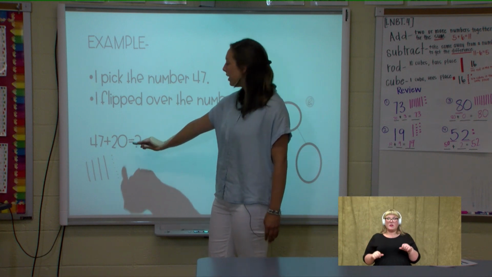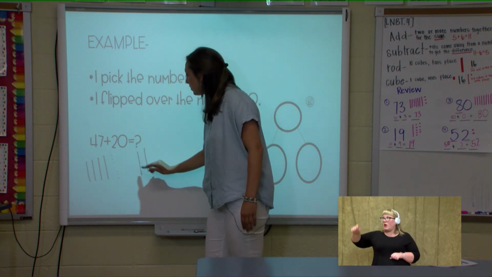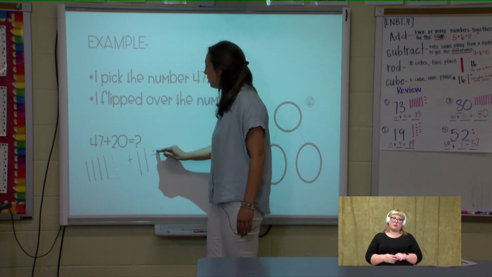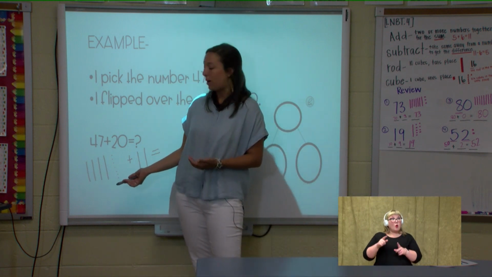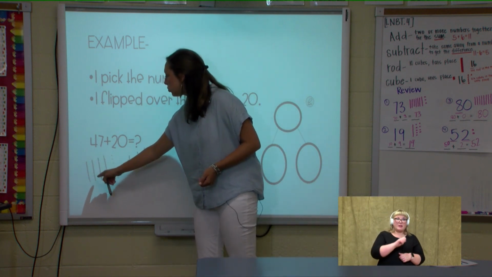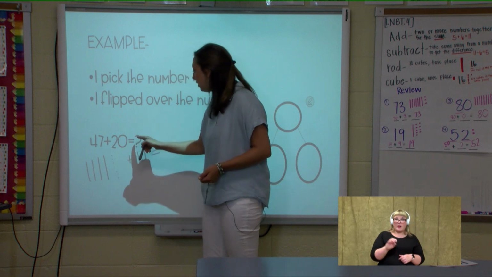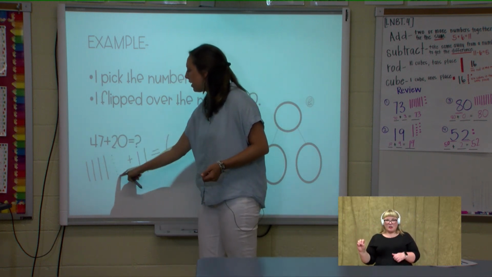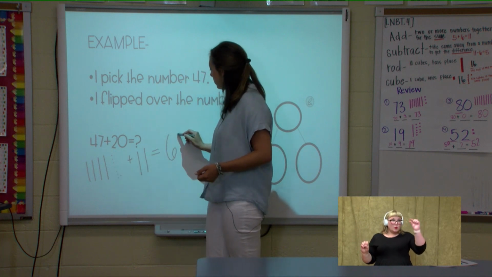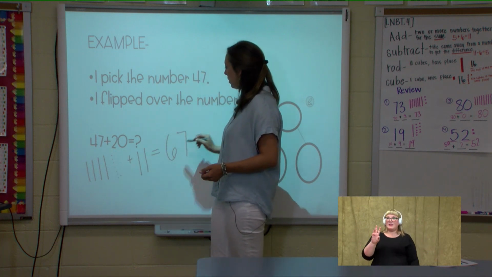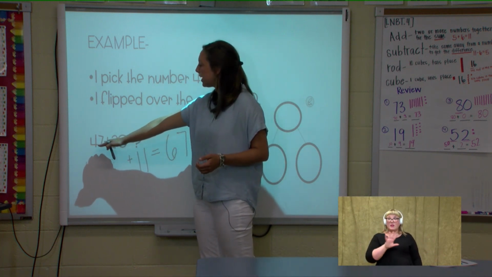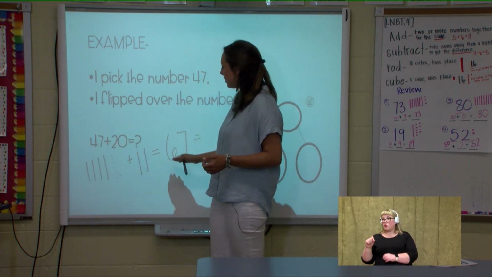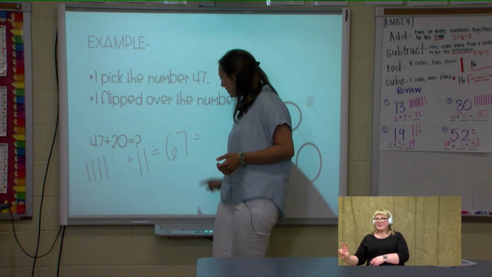And 20 is 2 rods. When we count up our rods, we count by tens. 10, 20, 30, 40, 50, 60. And our 7 cubes. So 47 plus 20 gives us the sum 67.